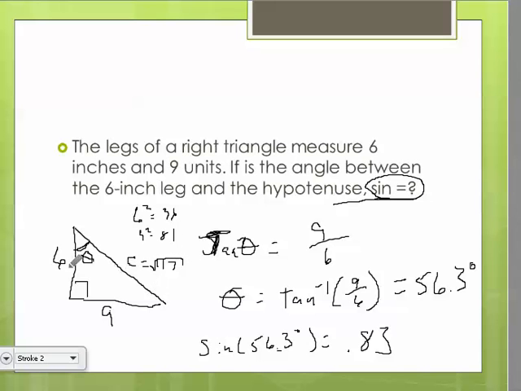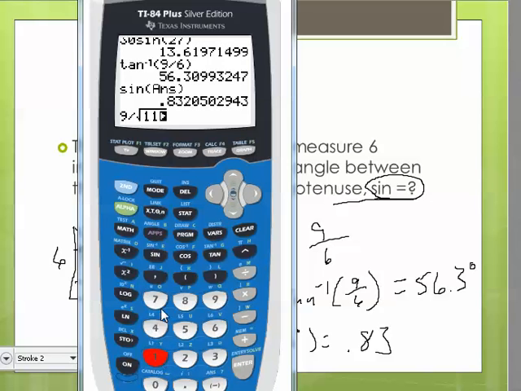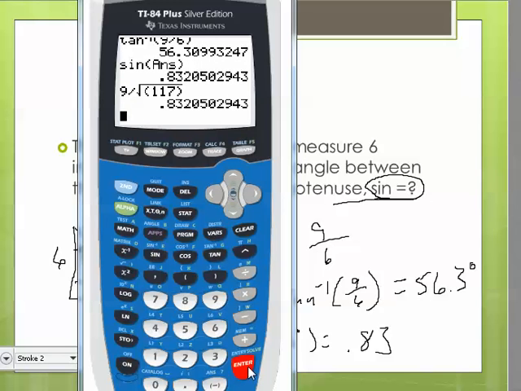And the sine is going to be 9 divided by the square root of 117. I just want to see what I get when I do that. So I'm going to take 9 divided by the square root of 117, and I should get 0.832050294. Look at that. Every single digit matches this one right up here.